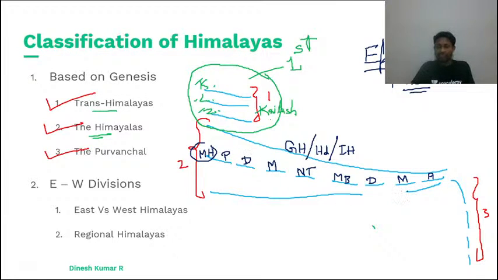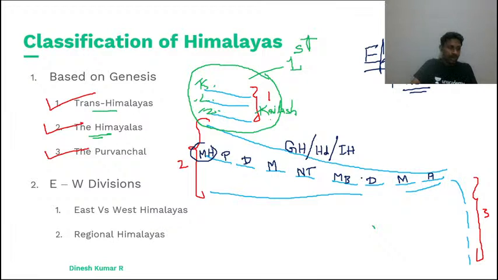So what are its broken parts? From west to east, the most important parts of the Middle Himalayas include the Pir Panjal range. Please remember, Pir Panjal is the biggest, the longest among them. So: Pir Panjal range, Dholadhar mountains, Mussoorie range, Nag Tibba, Mahabharat range in Nepal, Darjeeling hills, Miri and Abhor in Arunachal.